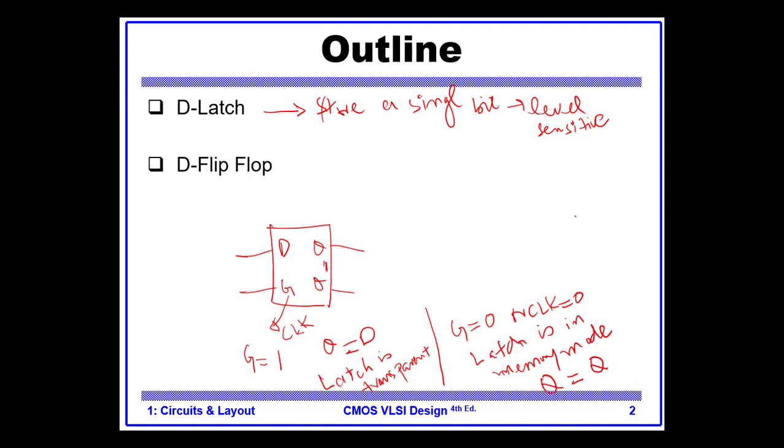For example, if this is the G signal, it works on if G is equal to 0 or G is equal to 1. Okay, so it works on this level.